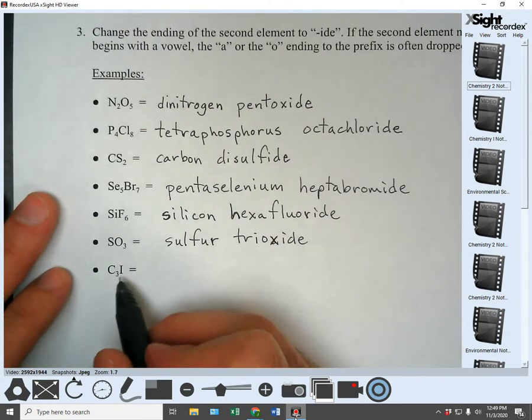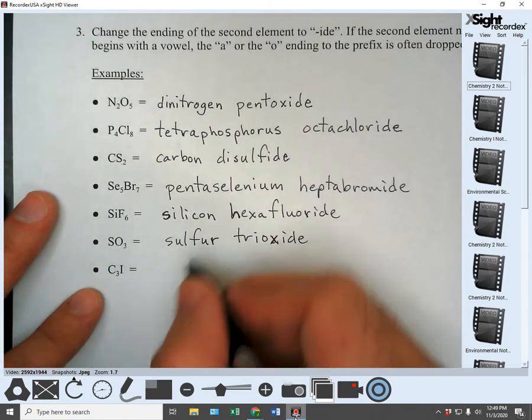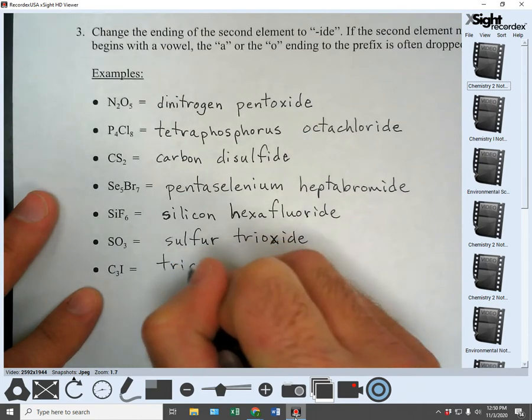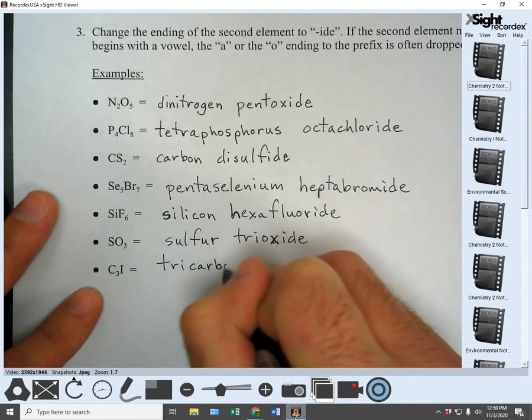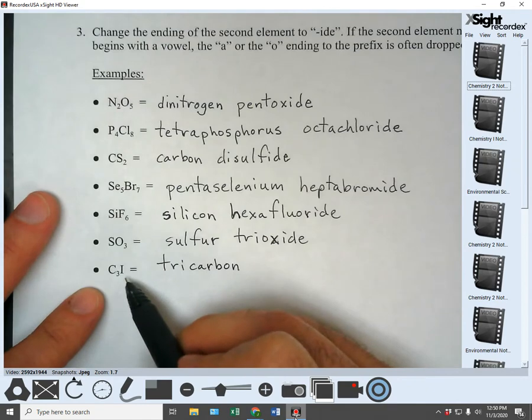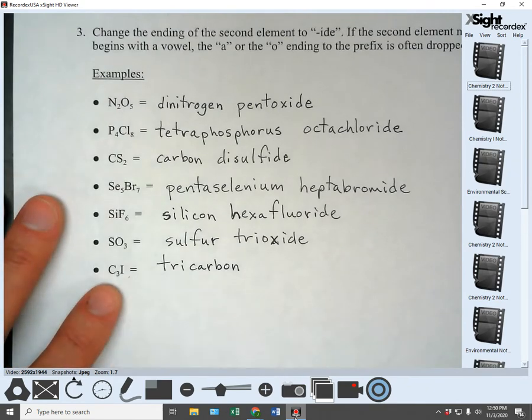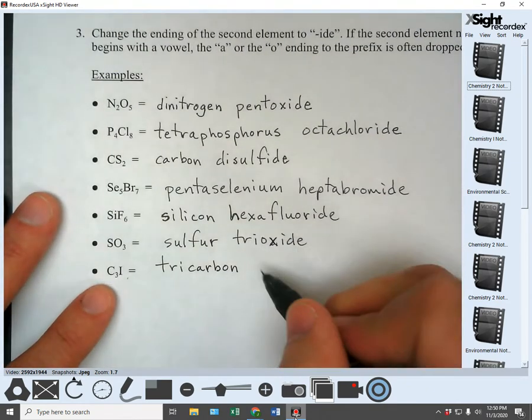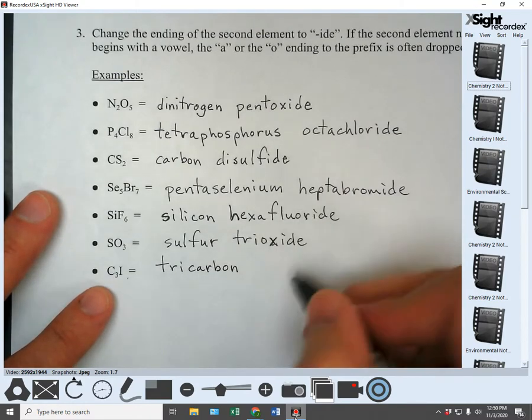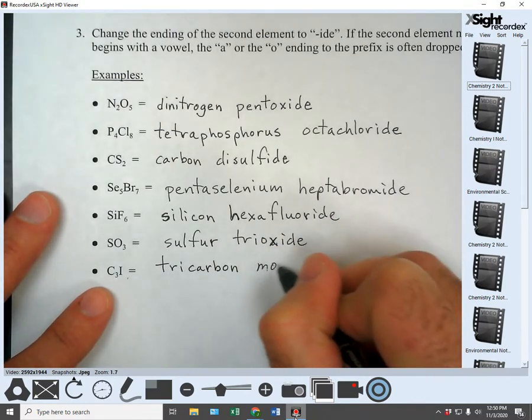Okay, last one. We've got carbon, we've got 3 of them, so that's tricarbon. And then we've only got one of the second element, right? But it's the second element, so the second element always has a prefix. So 1 is mono, so this will be mono.